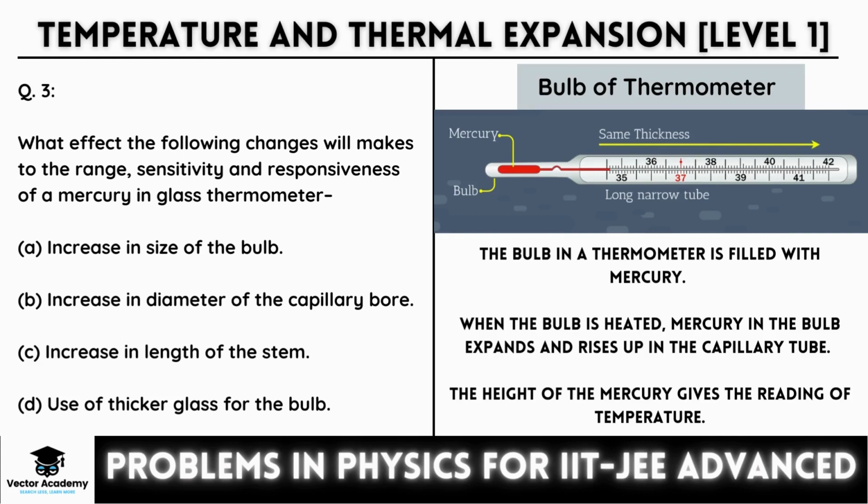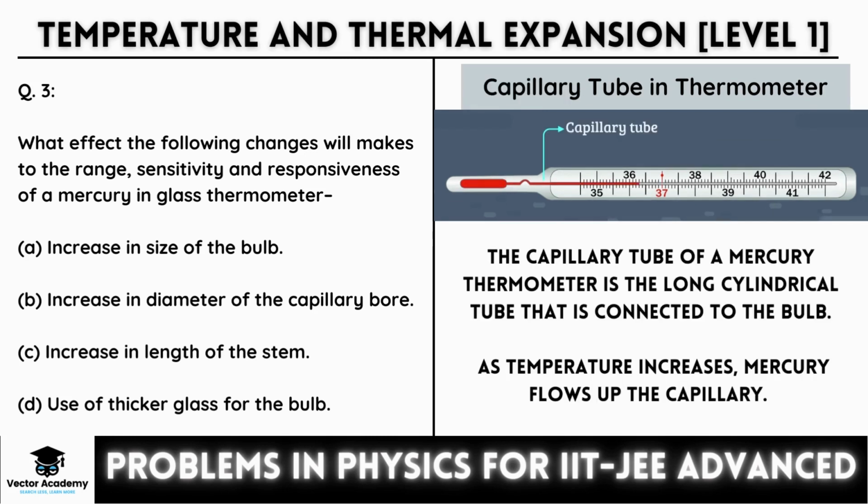Bulb of thermometer. The bulb in a thermometer is filled with mercury. When the bulb is heated, mercury in the bulb expands and rises up in the capillary tube. The height of the mercury gives the reading of temperature. Capillary tube in thermometer.